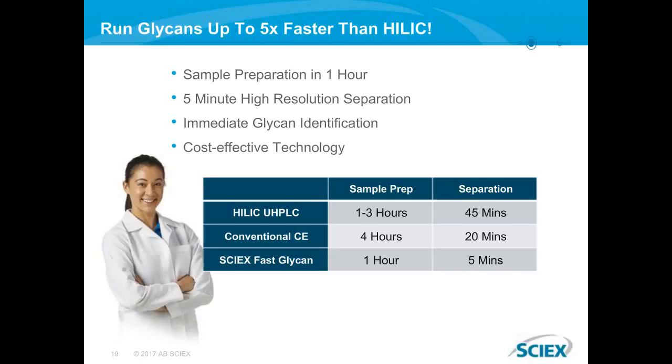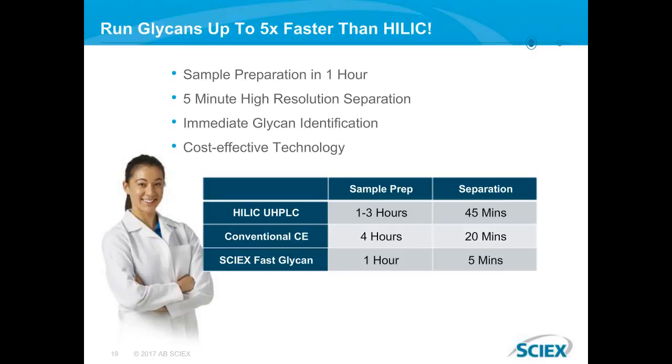The separation with HILIC, even though you can use short columns, if you would like to get the same separation power and regenerate the column, takes up to 45 minutes. In our conventional capillary electrophoresis unit and kit, which had been on the market for about 2 decades, the sample preparation was at least 4 hours and the separation time was 20 minutes.